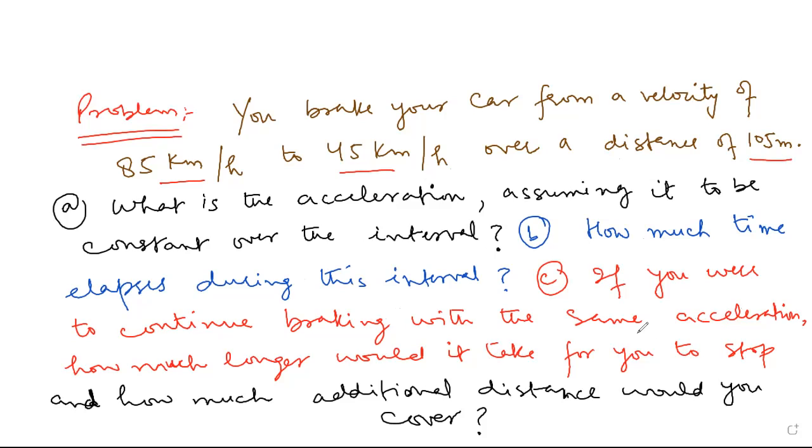That means first we reduce speed from 85 to 45 kilometer per hour. Then we continue braking until we stop the car. In the process of reducing the speed from 45 kilometer per hour to zero, we are asked in part C to find the time required and the additional distance which we move. So let us move to the solution.